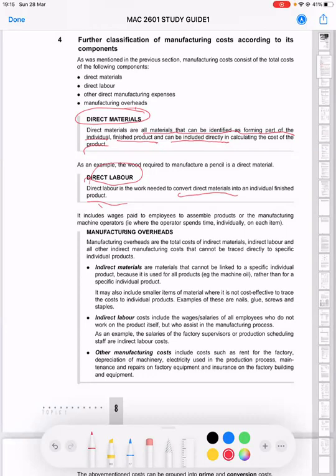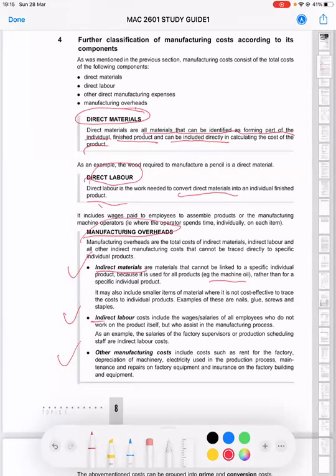Okay. Then manufacturing overheads, good people. We are talking about things like indirect material, indirect labor, and other manufacturing overheads. Now, what is indirect material? We spoke about things like machine oil, glues, and screws. Those are materials, but they do not form the major part of the item being produced.